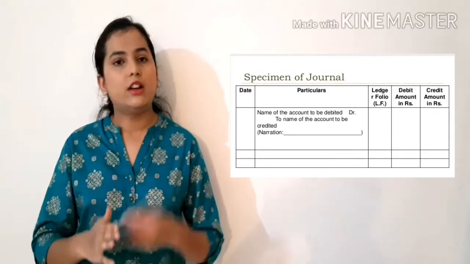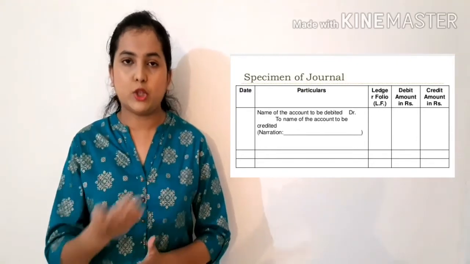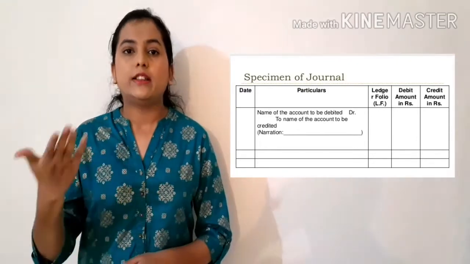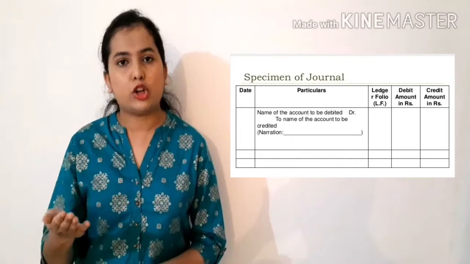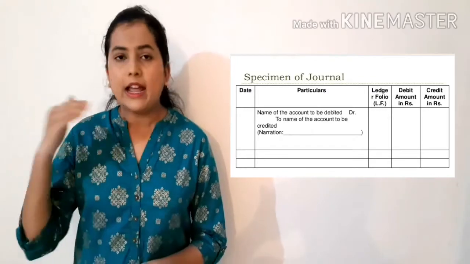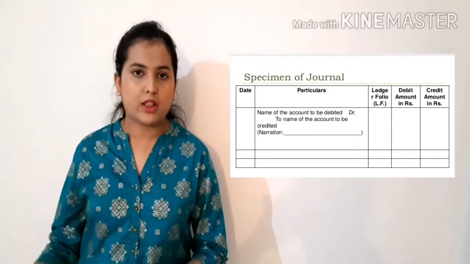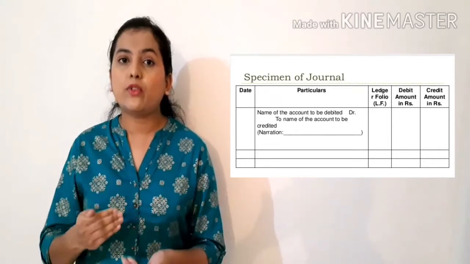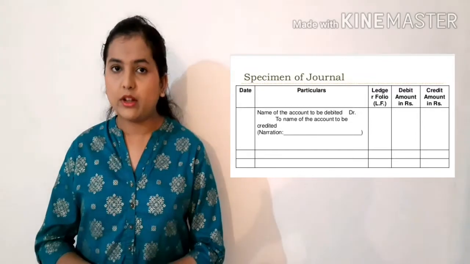On the debit side, you have to write down the amount of the transaction, like if a purchase is being made, then the amount of the purchase, like 50,000, in the debit column. Similarly, you have to write the same amount on the credit side too, 50,000, because this is the book of account that we are maintaining, not that of the other party with whom you are carrying out the transactions.